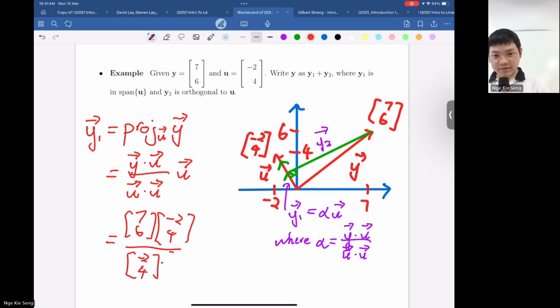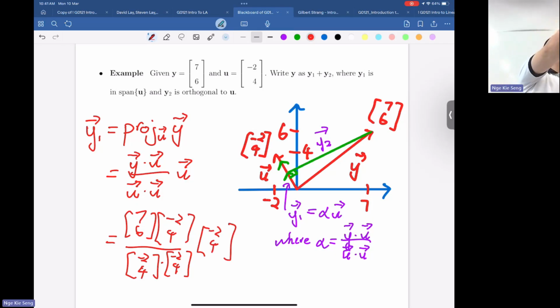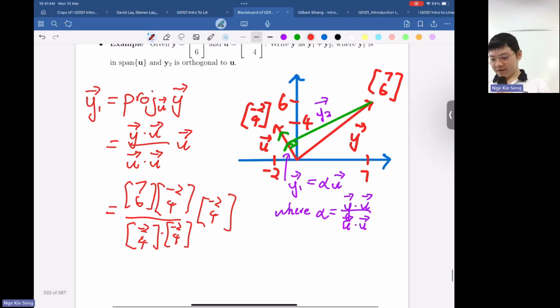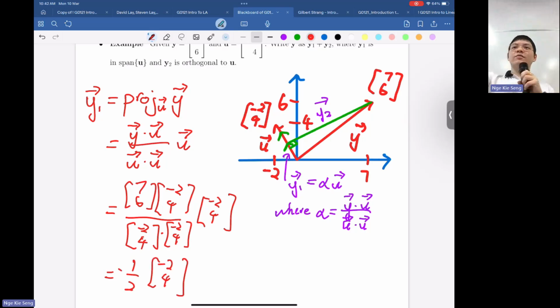Negative 1 over 2? Did anyone else get negative? It should be just 1 over 2. Yeah, it should be just 1 over 2.